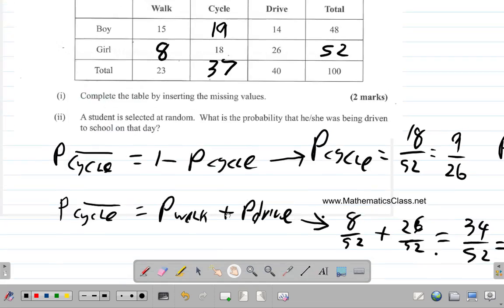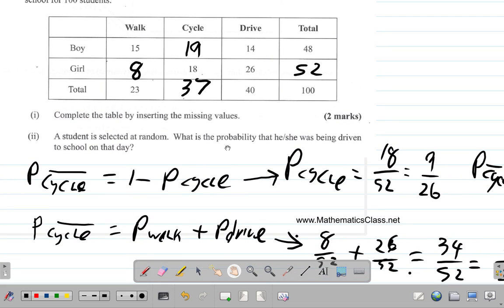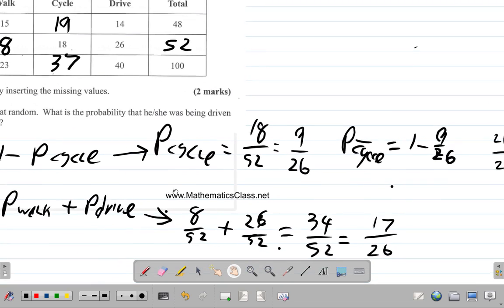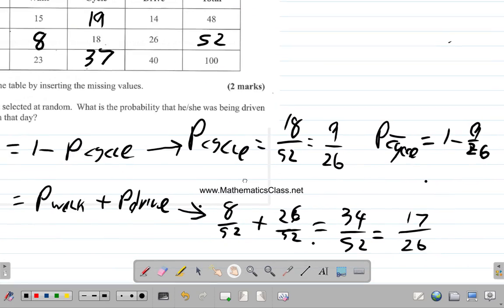So basically, you have two ways to consider it. The probability that she did not cycle is 1 minus the probability that she cycled. So the probability that she cycled is 18 over 52, and then 1 minus that gives you 17 over 26.